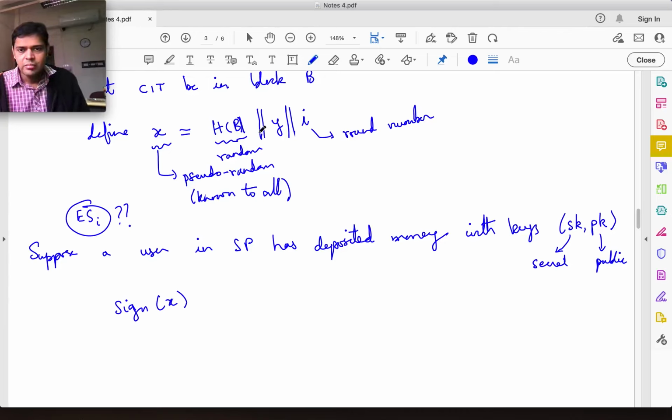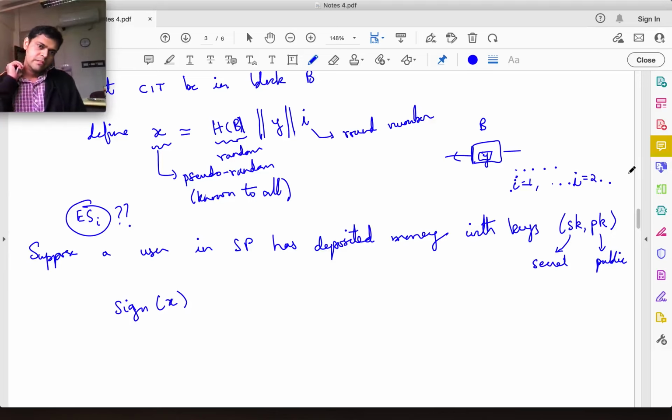So a block containing Y has already entered the blockchain. And immediately we start the rounds, I is equal to 1 and so on, and later on I is equal to 2 if required to go to round 2, and so on.